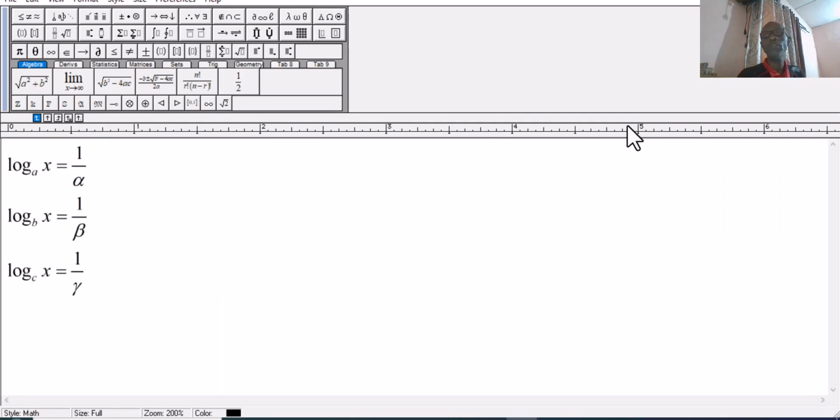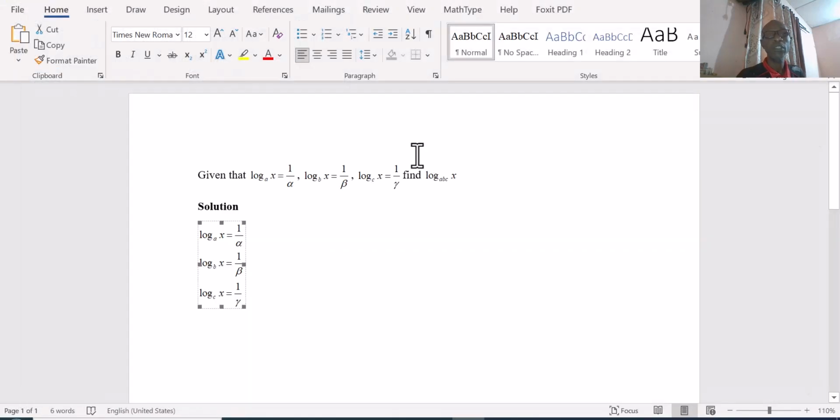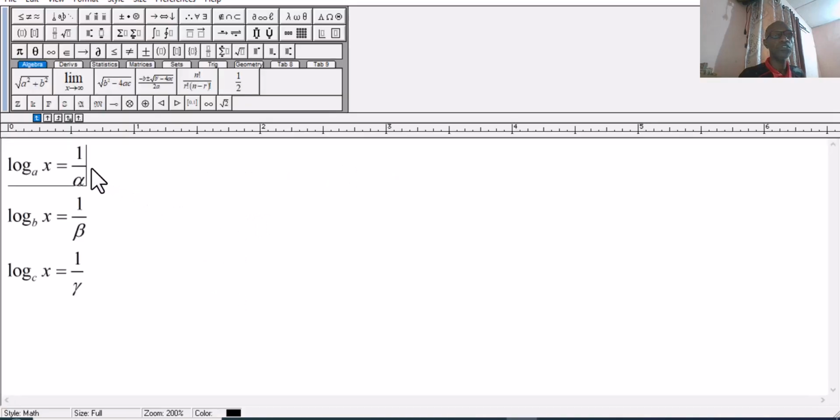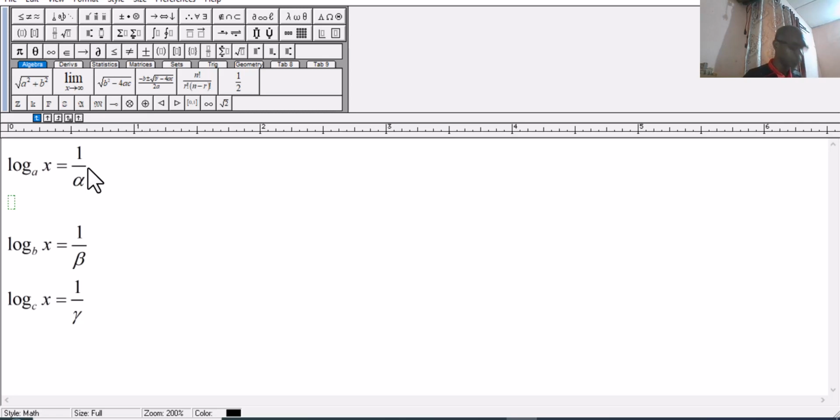So we have been given these parameters 1, 2, and 3, and I want to start solving them. The first thing is to convert each one of them to index form. So this will now be x is equal to a raised to the power of 1 over alpha.